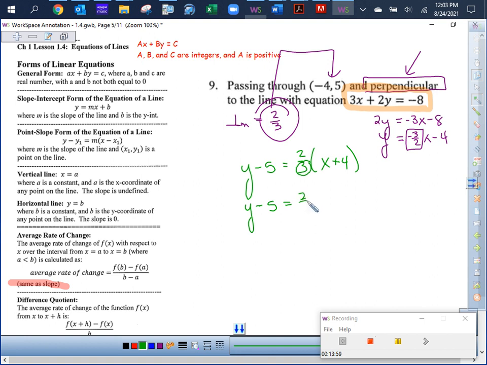So it's 2/3 x. But multiplying fractions actually isn't that bad if you remember: you just take numerator times numerator and denominator times denominator. So 2 times 4 is 8, and 3 times 1 is 3. And you just check to see if 8/3 reduces, which it does not. Is everyone cool with 8/3, where that came from?